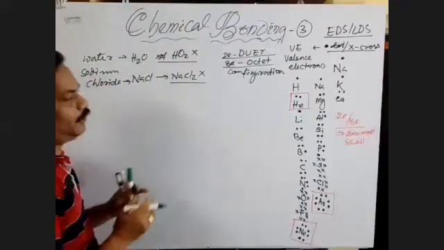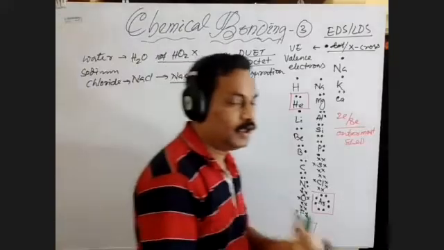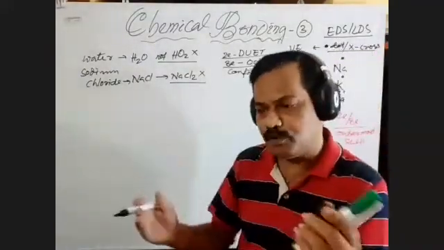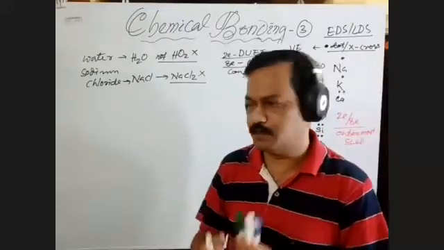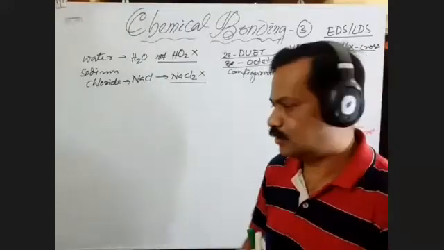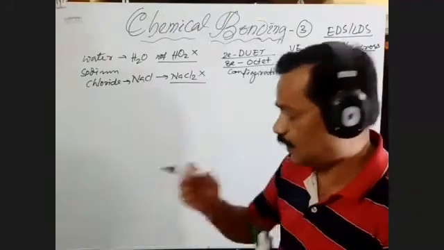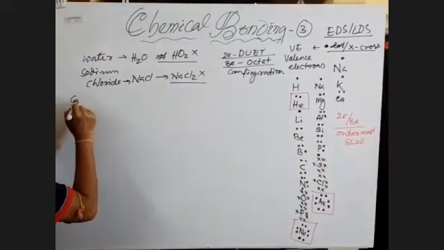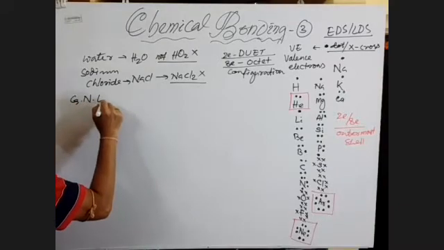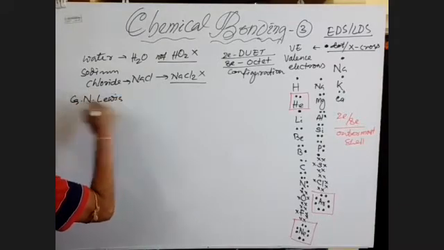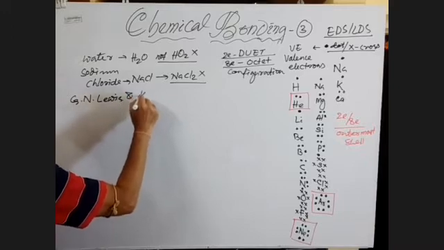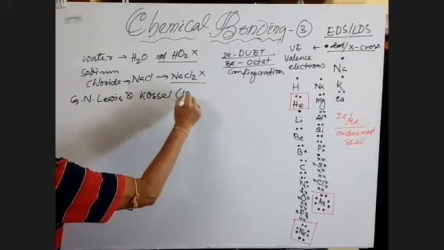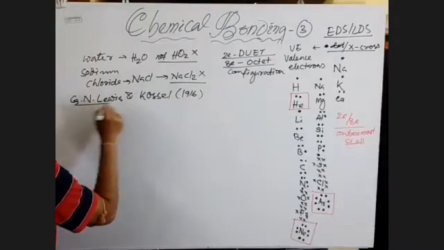This we are going to discuss today. What type of formation may occur, that we are going to discuss. This was suggested by G.N. Lewis and Kossel in 1916.